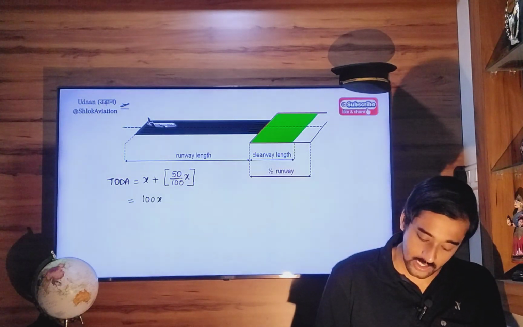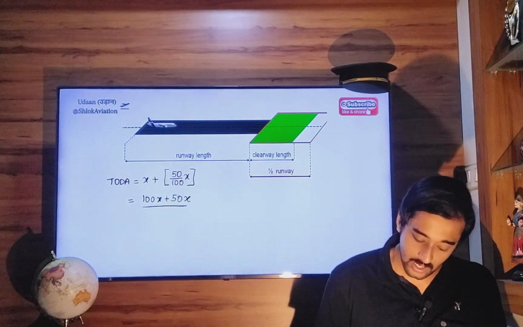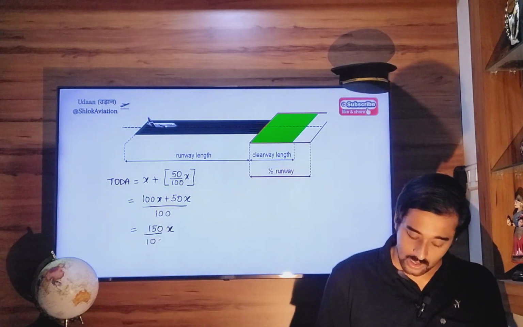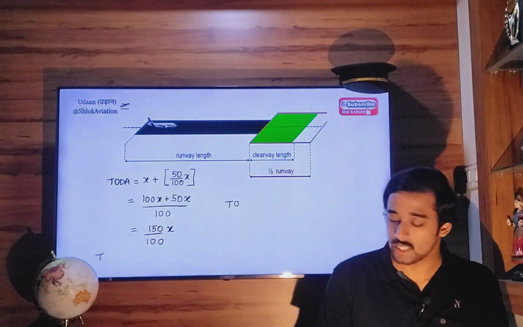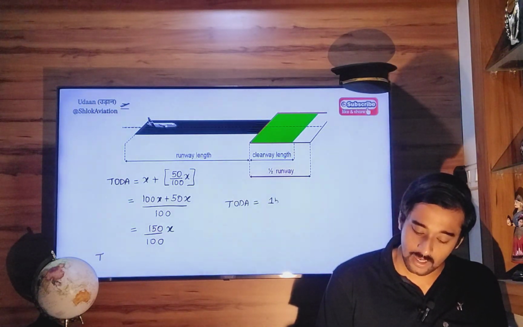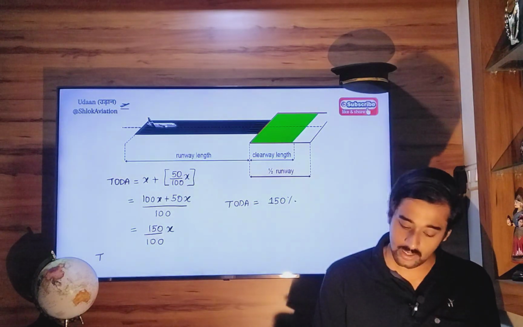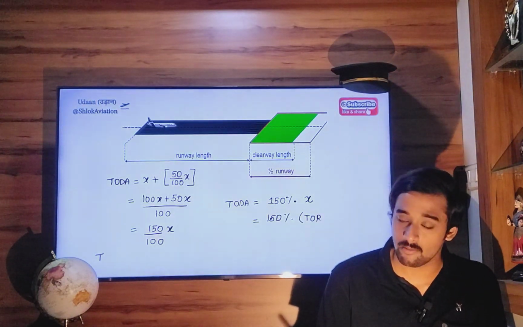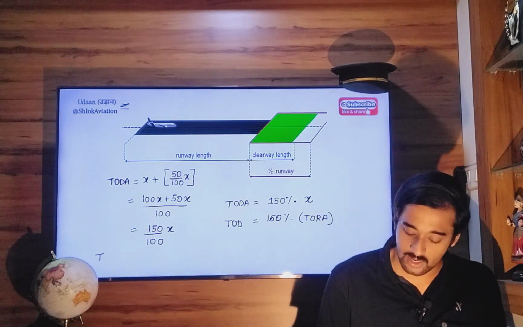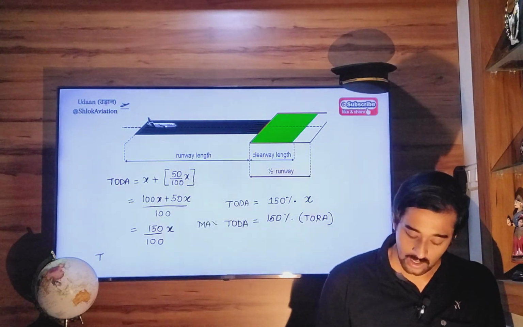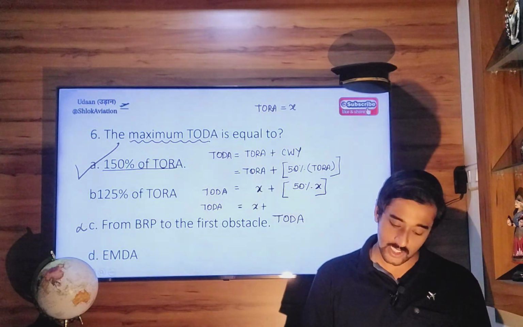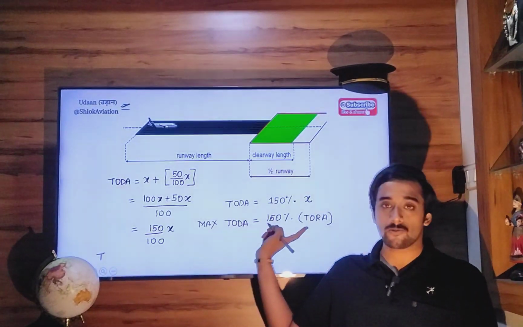So 100x plus 50x divided by 100. So that is 150x divided by 100. So takeoff distance available is equal to 150% of x. What is x? x is takeoff run available. So therefore maximum takeoff distance available will be equal to 150% of takeoff run available. So this is the proof, 150% of takeoff run available.